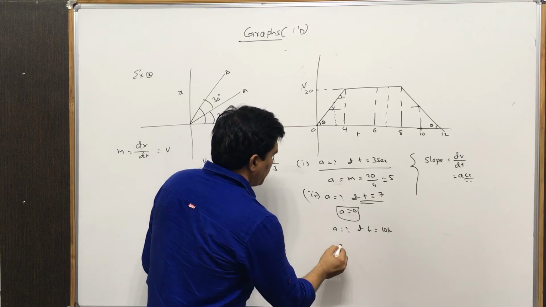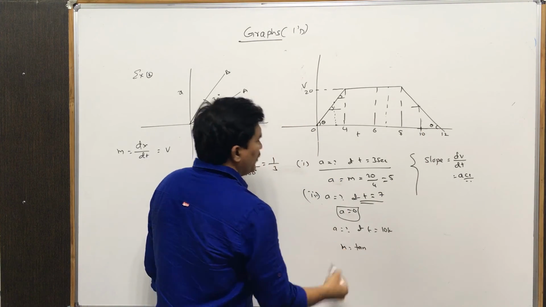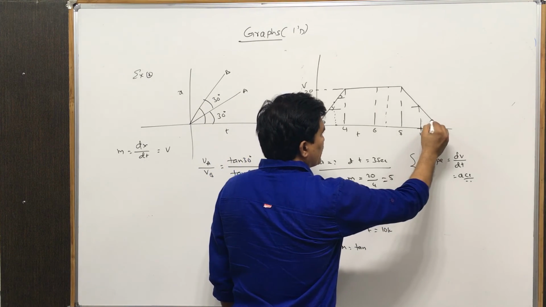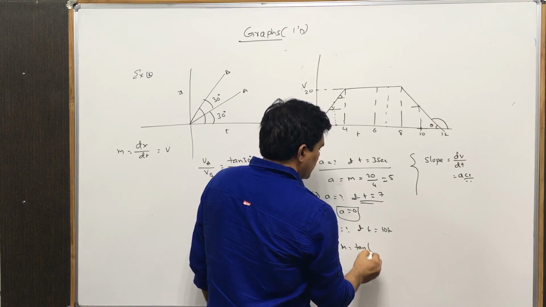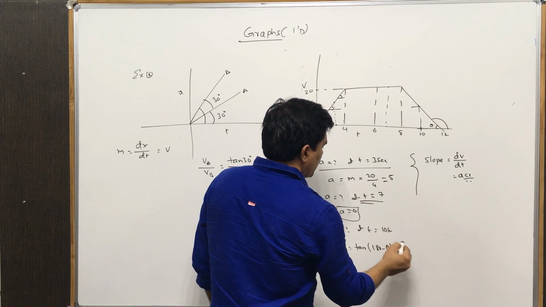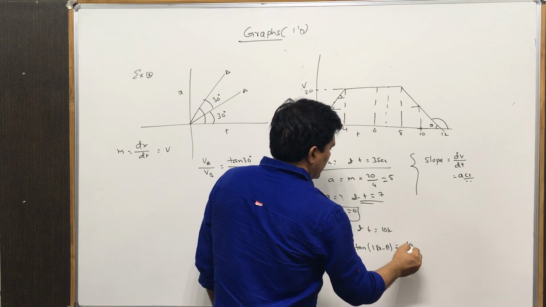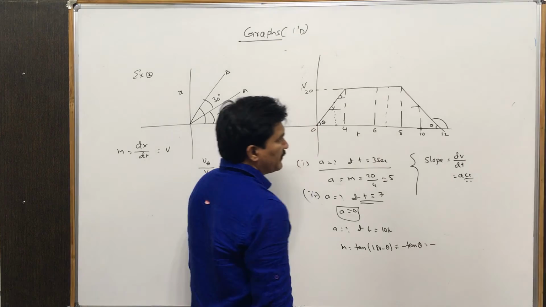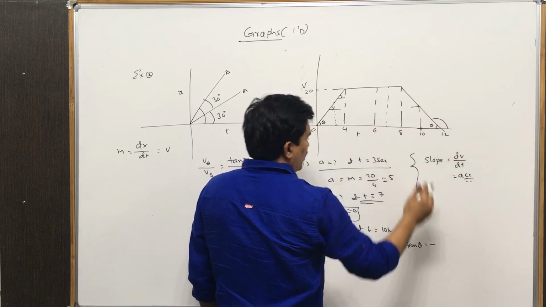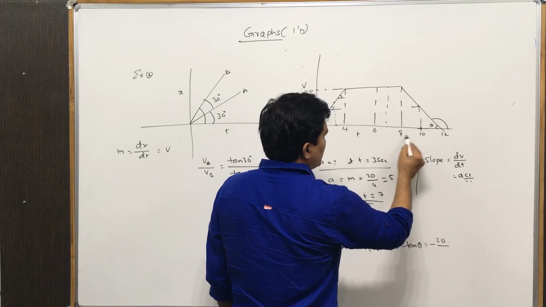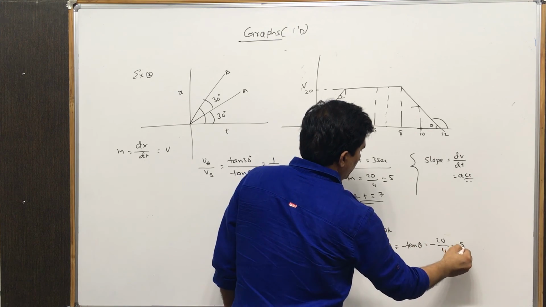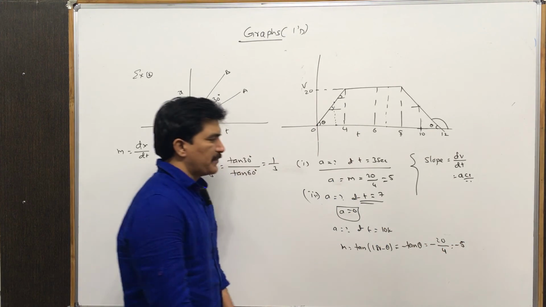Then slope means tan of the angle made by it with the positive x axis, that angle is 180 minus theta, which is equal to minus tan theta. So, minus tan theta means opposite 20 upon adjacent 4. So, here we will get minus 5 meter per second square.